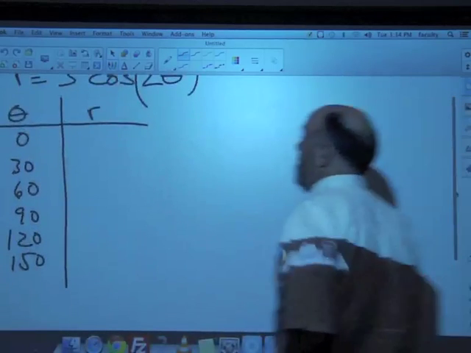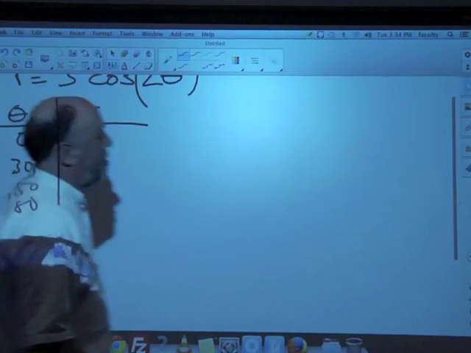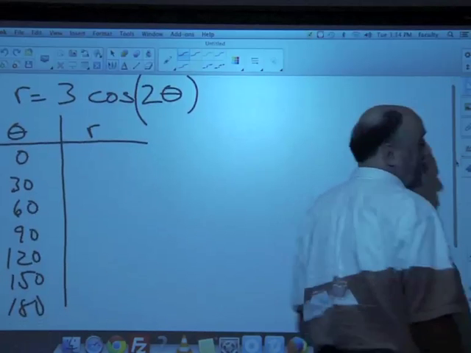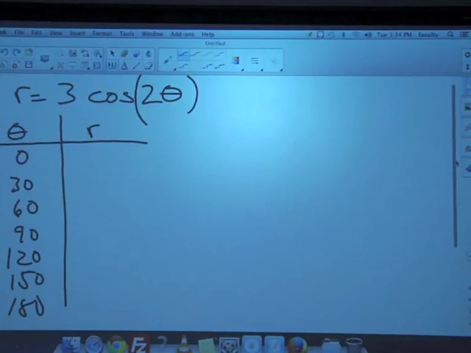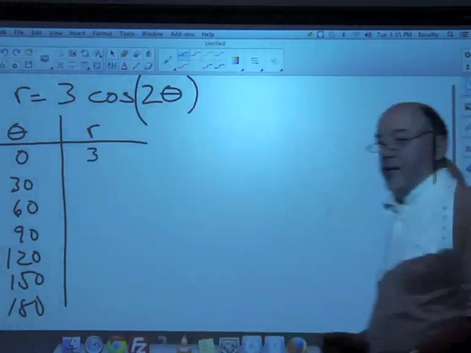So we want to plug in 3 cosine 2 times theta, and get numbers to plot in our graph. The first one is going to give me 3.